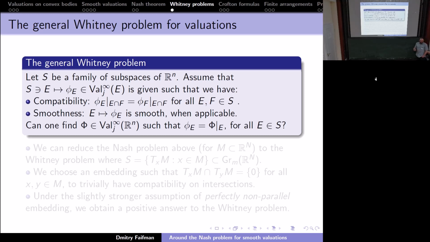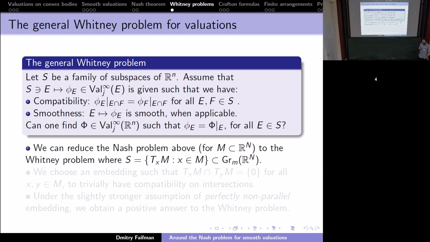The question we want to answer is: can you find a globally defined smooth valuation with the prescribed restrictions to each E? The Nash theorem really easily reduces to this Whitney problem, where S is just the family of tangent subspaces to M. If you choose some embedding of M, then it immediately reduces to this Whitney problem.